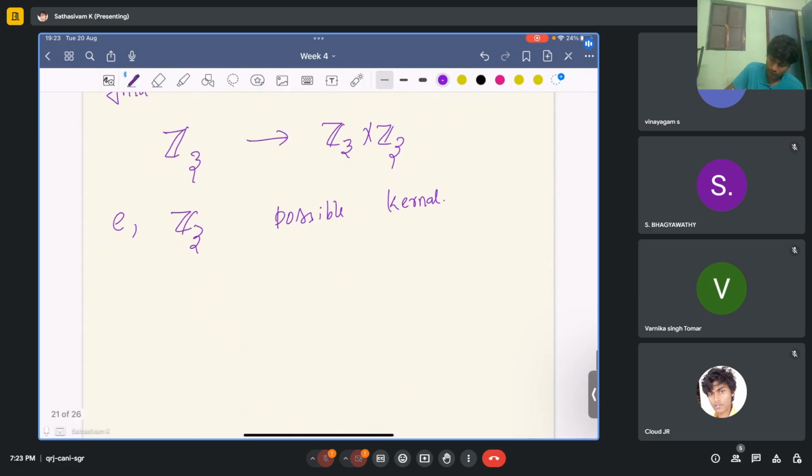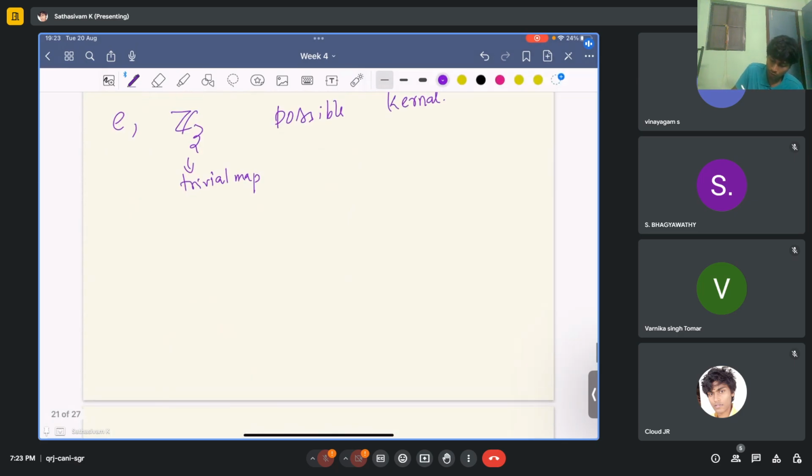And you know, if the kernel is Z3, there is a trivial map. So let's consider the case where the kernel is the identity. Basically, we are looking at an injective map from Z3 to Z3 cross Z3.